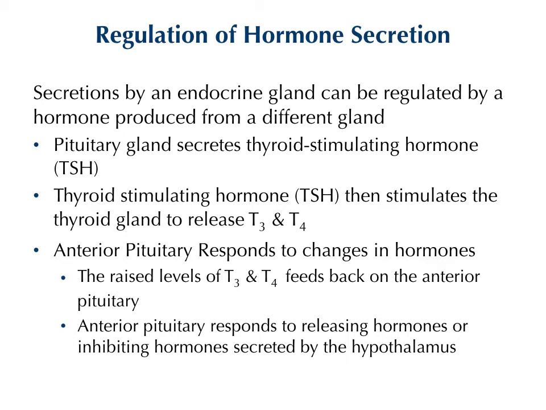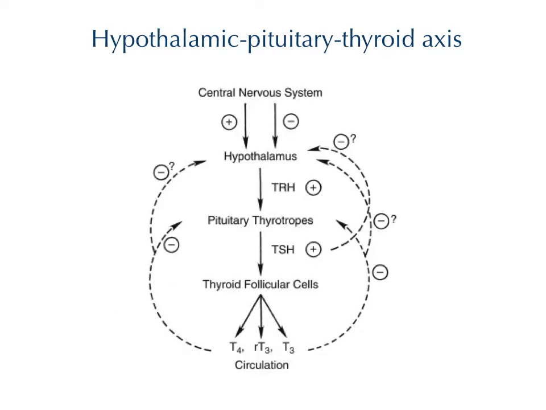We see this in the next slide of the hypothalamic pituitary thyroid axis. And here you can see that our central nervous system will either stimulate or inhibit our hypothalamus into releasing the thyroid releasing hormone. The thyroid releasing hormone will act on the anterior pituitary and cause it to release thyroid stimulating hormone.